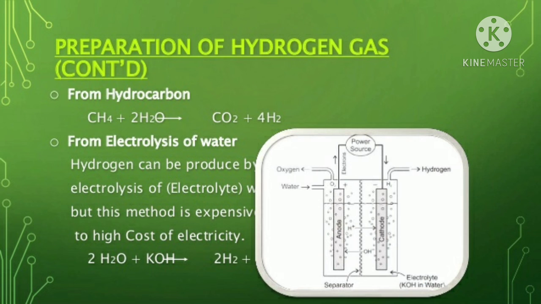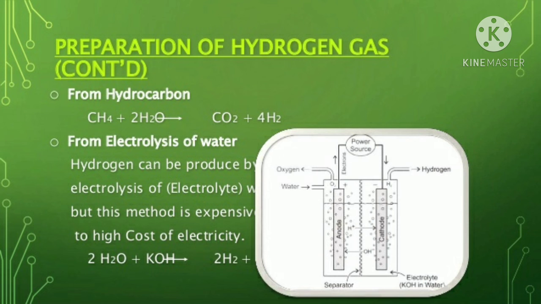Now, the other methods for preparation of hydrogen gas is by electrolysis of water, in which acidified water on electrolysis liberates hydrogen at the cathode. Another method is preparation of hydrogen from natural gas.